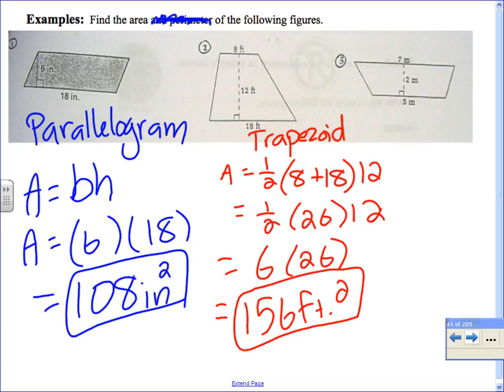Yeah, but there's no reason to do that when all you're doing is multiplying base times height. It's already so easy, don't complicate it. We could do that, but I don't know, in my mind it's just easier, just take base times height. Yeah, and you can do that if you want. That's completely up to you.